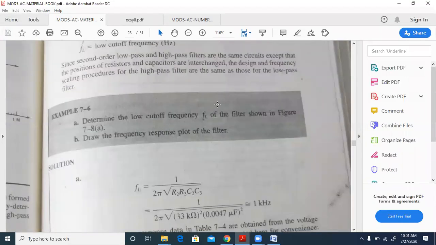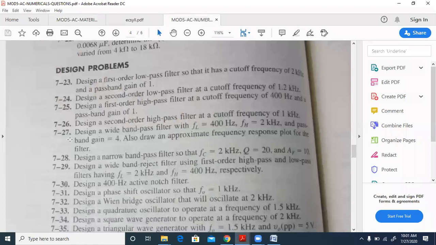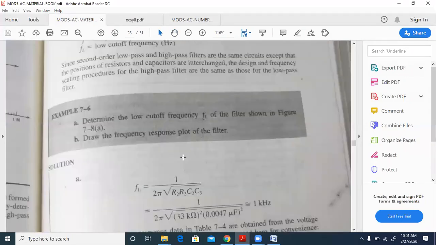Again, now when we talk about second order, then it will be R2 equal to R3 and C2 equal to C3. Again you choose the value, whatever you want, 0.01 or 0.0047 as is chosen here, and find the value of R for the value of FL given to us in the problem, which is 1 kilohertz.